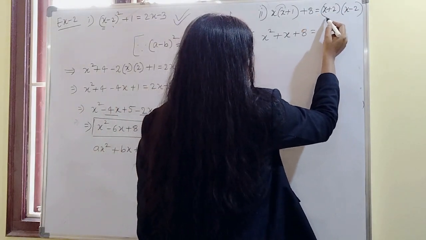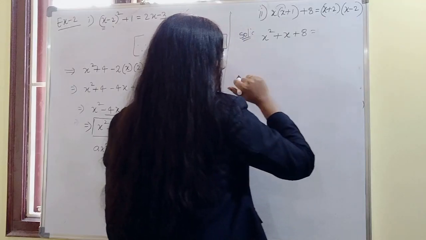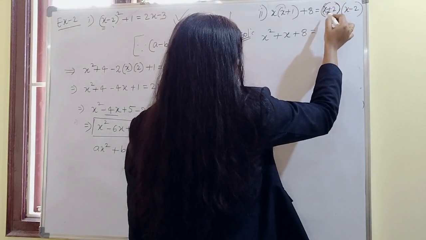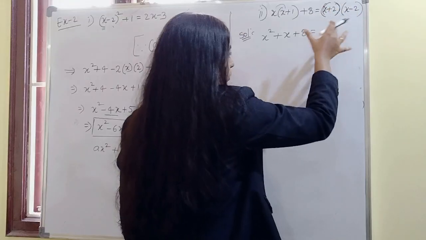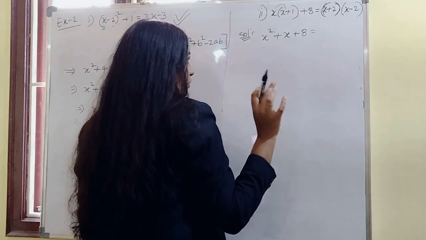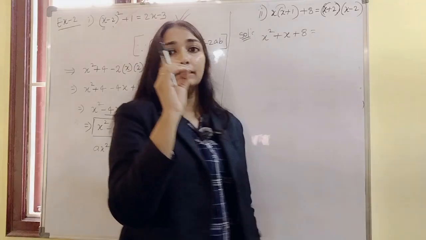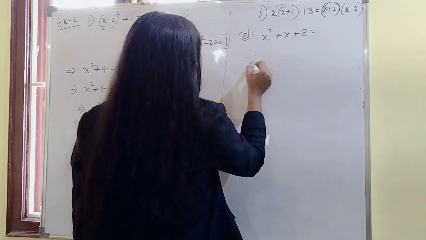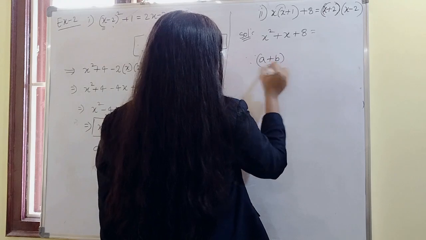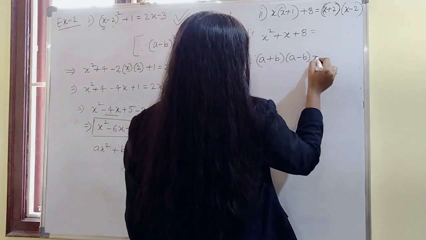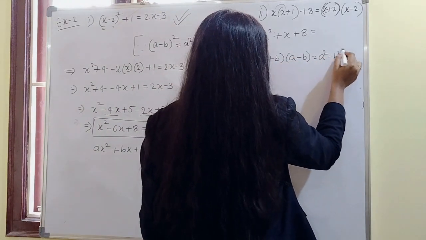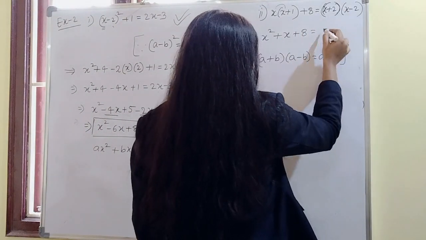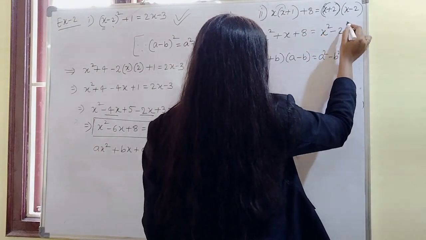Once you look carefully, on the right hand side there are two terms. Here x plus 2 and x minus 2 are both in multiplication. So you can use the simple formula, a plus b into a minus b. What is the formula of a plus b into a minus b? A square minus b square, right? So here x plus 2 into x minus 2 is x square minus 2 square.